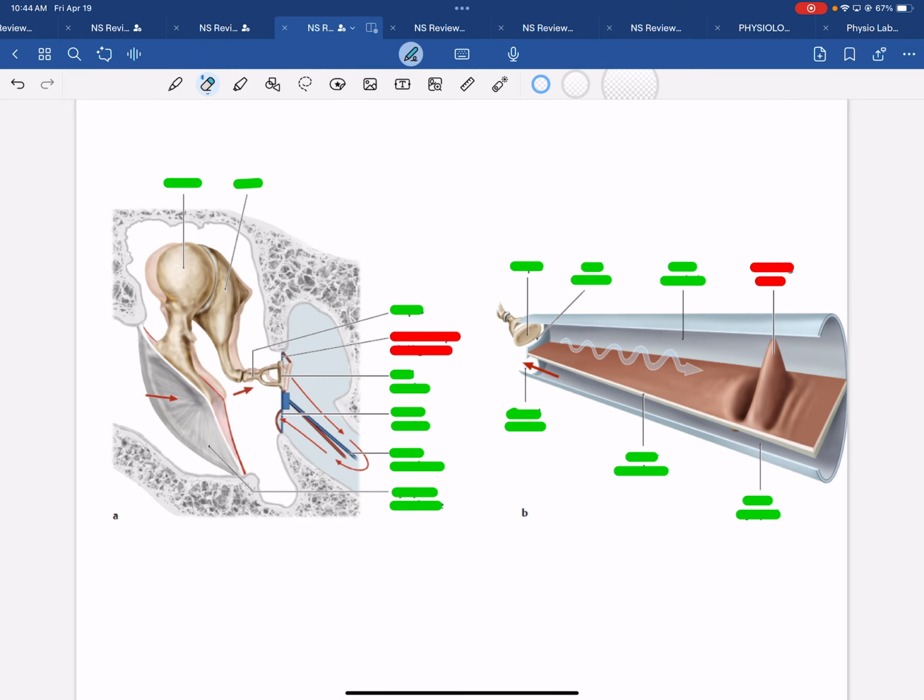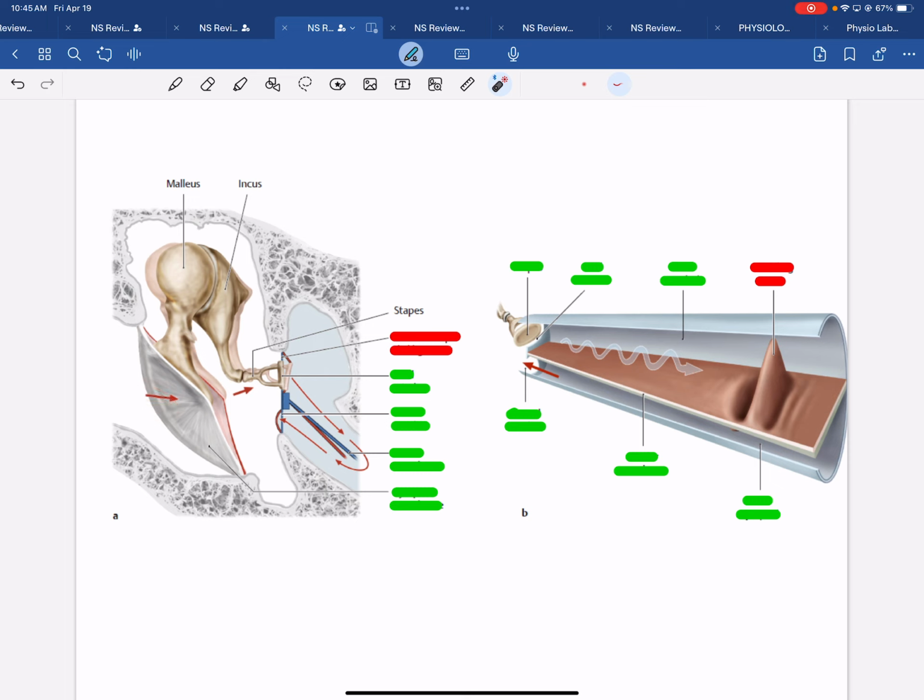Okay, let's do this one. What is this? Good, the malleus. This one is describing how sound is actually transduced, so let's go through some of that. What is this? Incus. Good. Stapes. Good. So there's some pressure wave.